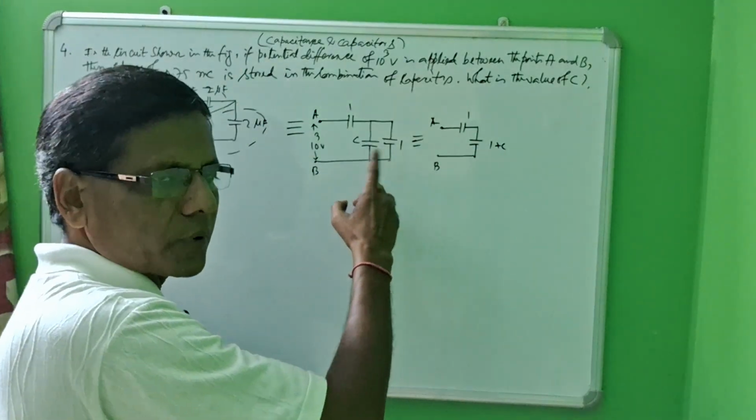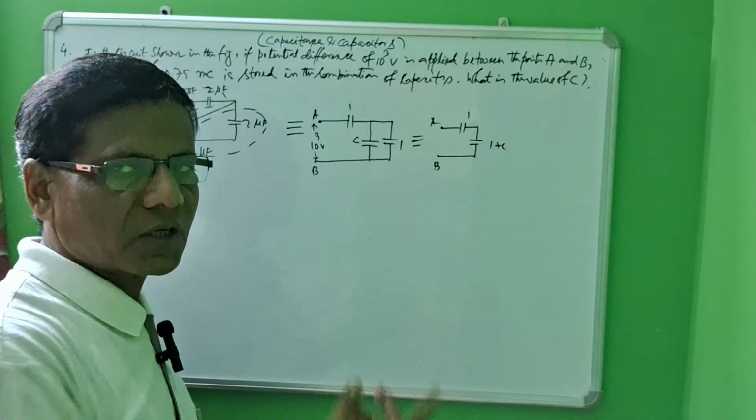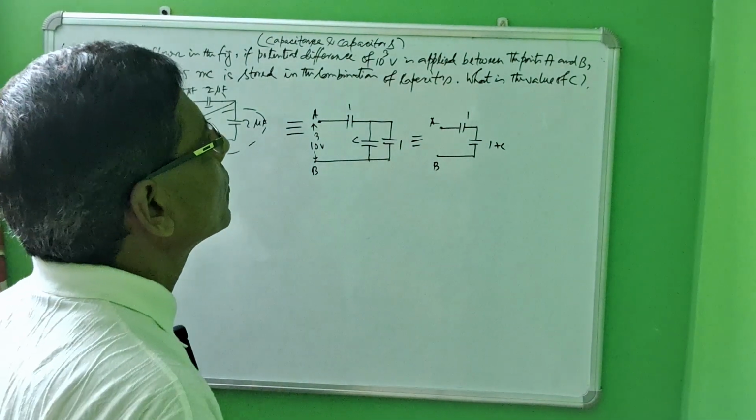For these two parallel connection, the resultant will be the summation of these two.